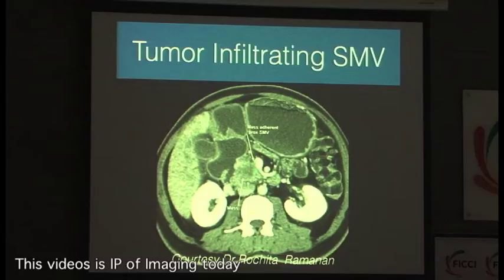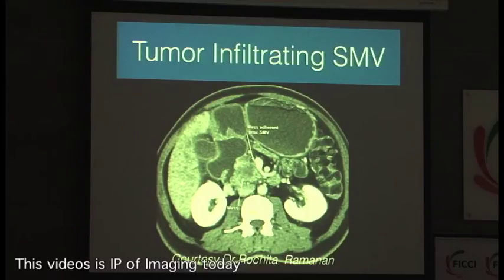So you can see the tumor is actually almost invading into the superior mesenteric vein, and that is the first jejunal vein. The one which comes from the left behind the SMA, that is the first jejunal vein. So when I was having a talk with my surgical colleagues about the gastrocolic trunk and the first jejunal vein, I said all the Western literature says that you have to preserve at least one of the two.